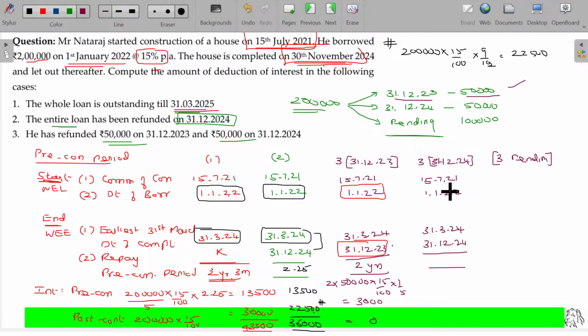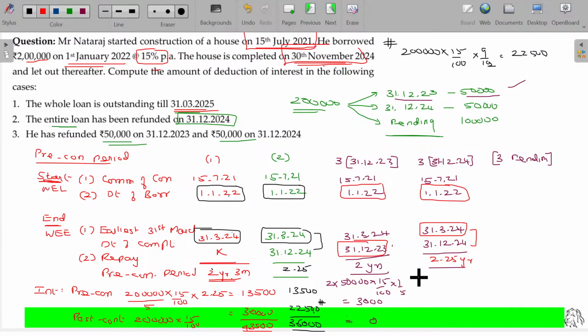Now here, this date will be the starting date. Between these two, whichever is later. Between these two, whichever is earlier date will be taken. From here to here, we have 2.25 years. And this will be the post-construction period. So we have the pre-construction and post-construction both.